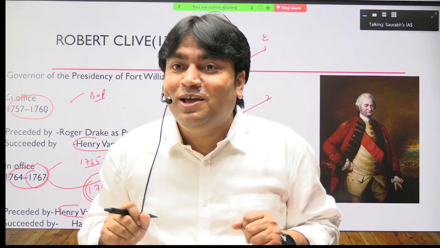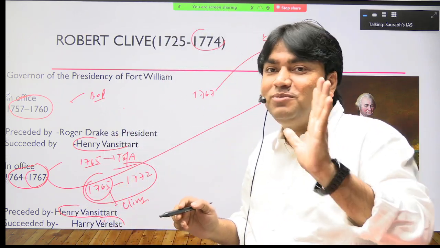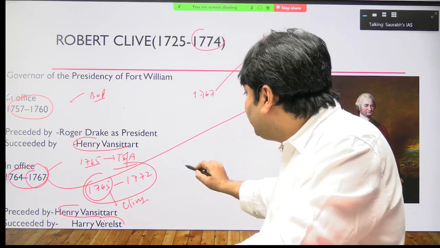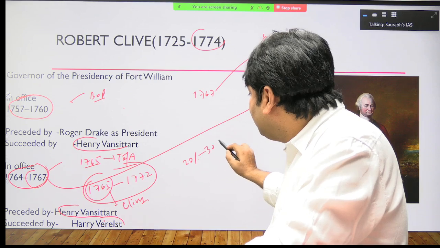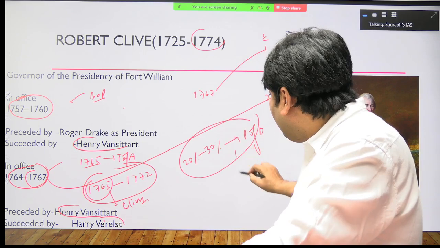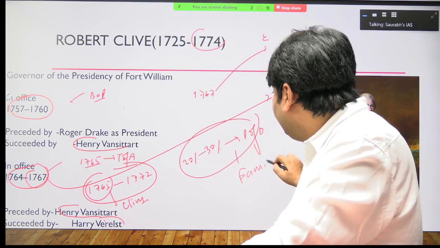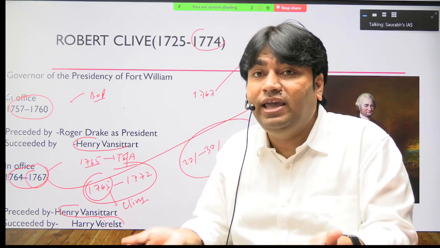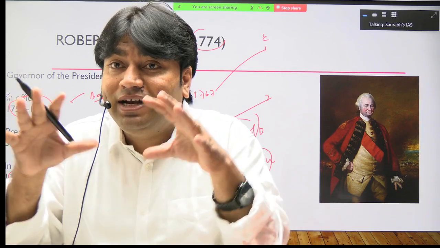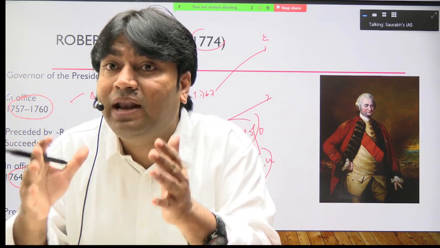Why were they saying this? Because during this dual system of governance, in 7 years, what happened? I have told you, about 20% to 30% of the population of Bengal died due to a famine, and the intensity of this famine was very high. The government did not provide humanitarian assistance and support, and this famine was man-made.